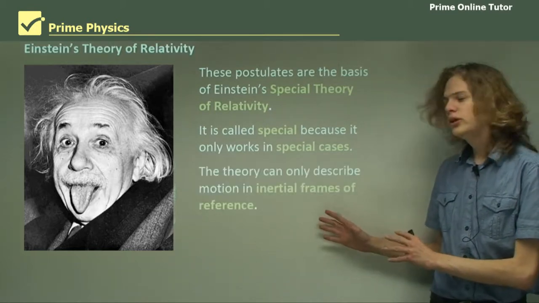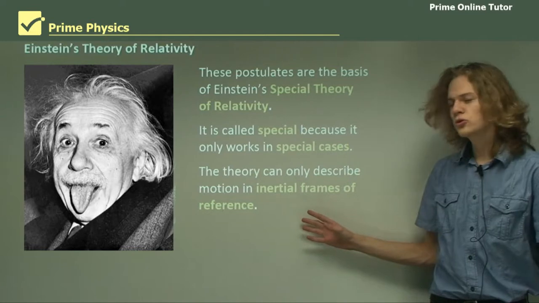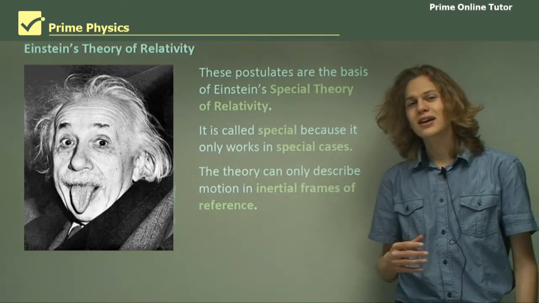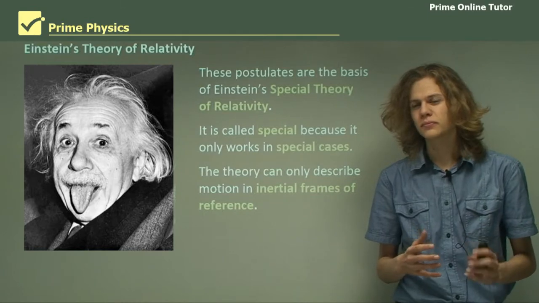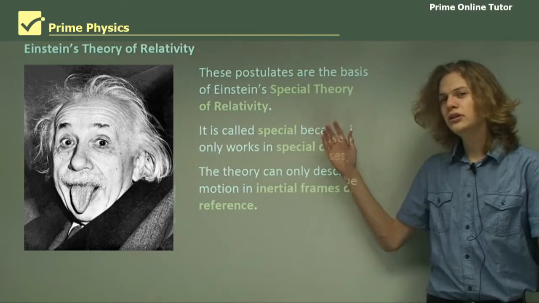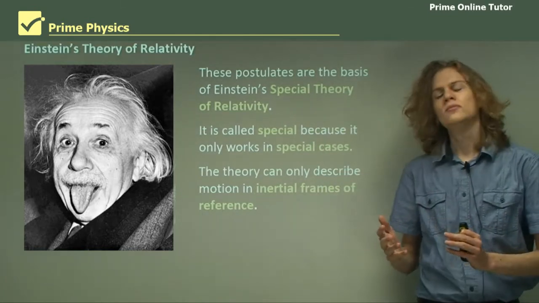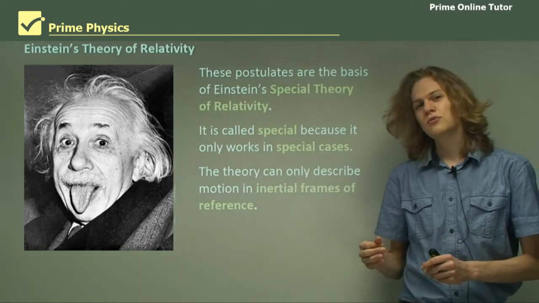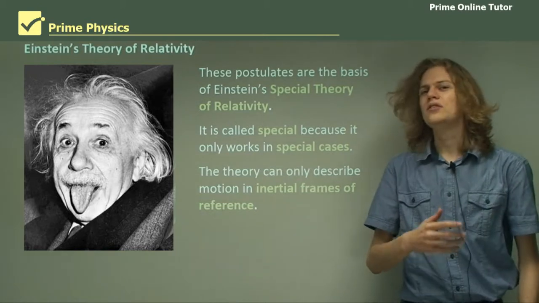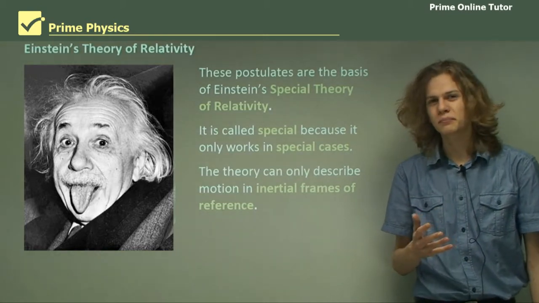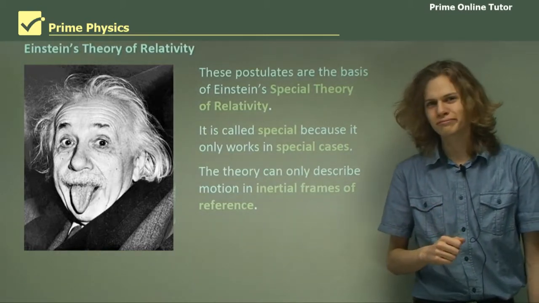So the theory can only describe motion in inertial frames of reference. It cannot describe motion in non-inertial frames of reference. The special theory of relativity deals only with the special case of inertial frames. If we want to deal with the general case of all frames, then we'll need the general theory of relativity. But that's not covered in Year 12.